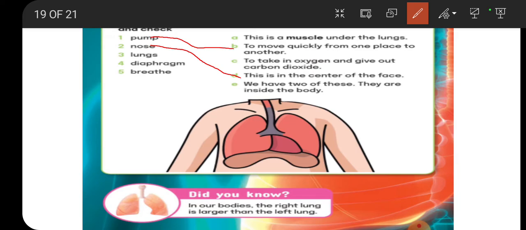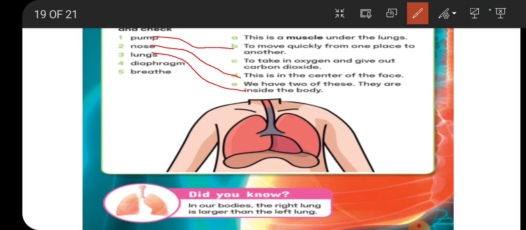Lungs, number three. Lungs, we have two of these. They are inside the body. And then diaphragm, number four.